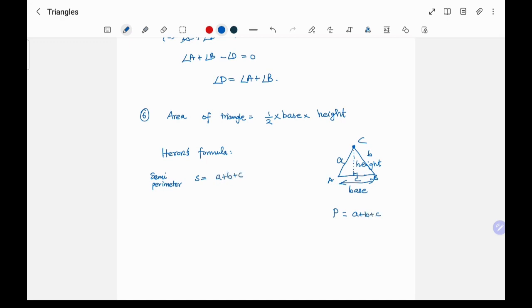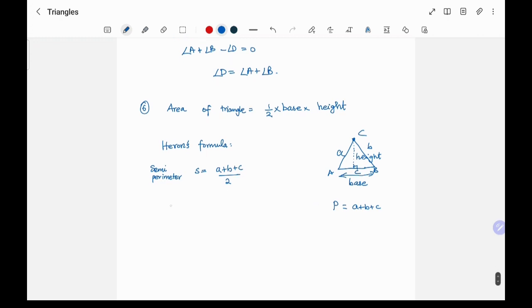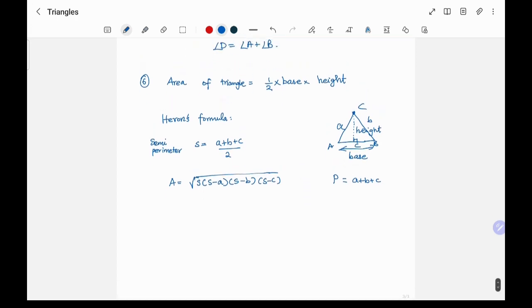Semi-perimeter is a plus b plus c by 2, half of the perimeter. Once we define this, the area is given by root of S into S minus a into S minus b into S minus c. I'm not going to derive this. You can look up online and some other resources where it is extensively discussed.